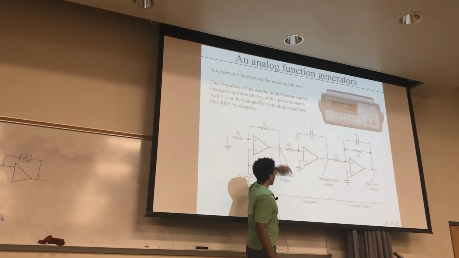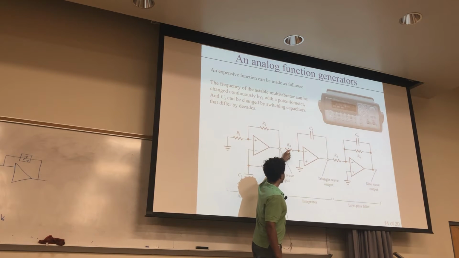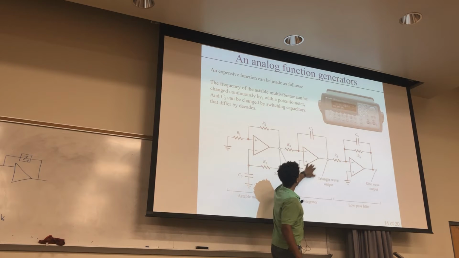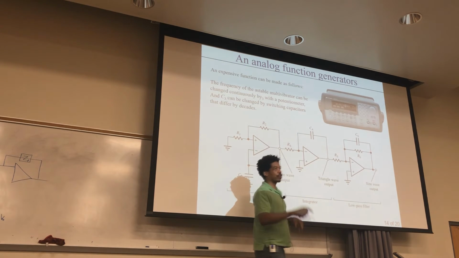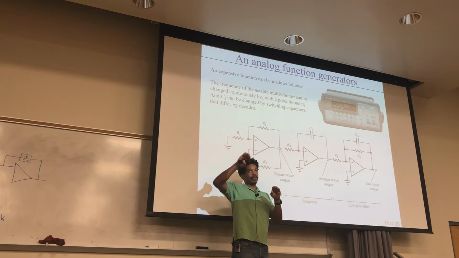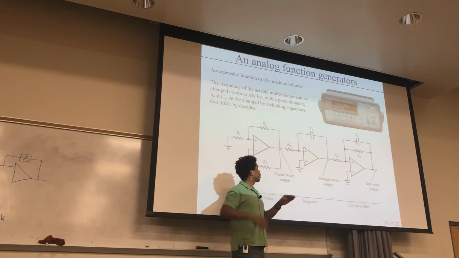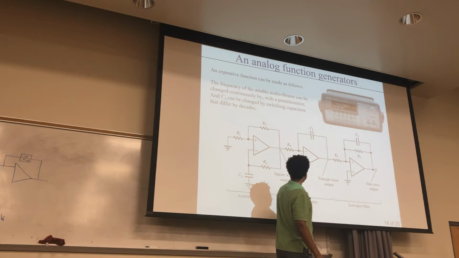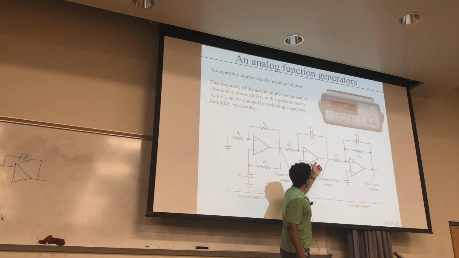Now, if that's not what you want from the output of your waveform generator, then you say, well, let me continue it on through here. This right here is an integrator, and if you integrate a rectangular pulse in time, that's just a ramp. So a triangle wave is going to come out of this.